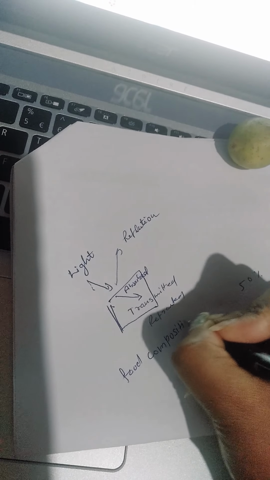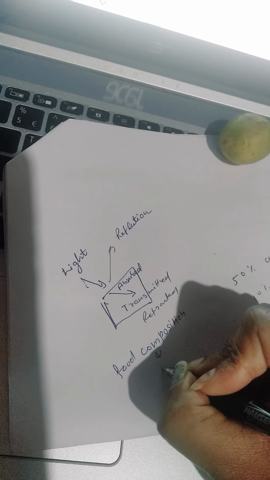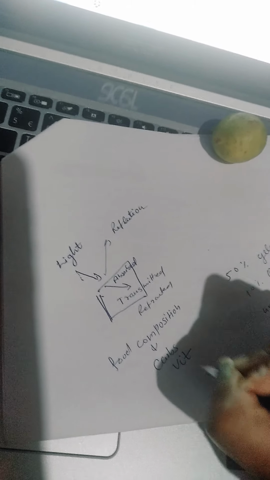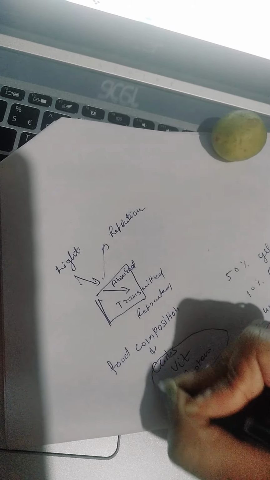Food composition means how much carbs, vitamins, protein, and water it contains.